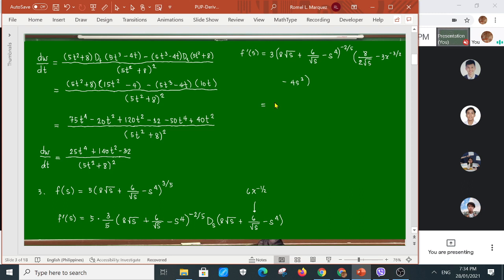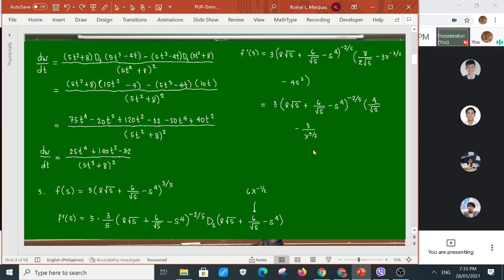So, let's simplify. We now have 3 times the quantity raised to negative 2 over 5, and then times 4 over square root of s, plus 3, minus 3 over x to the 3/2 to make the exponent positive.